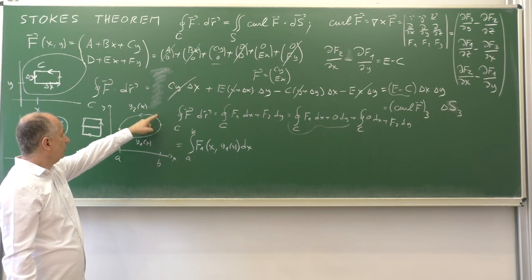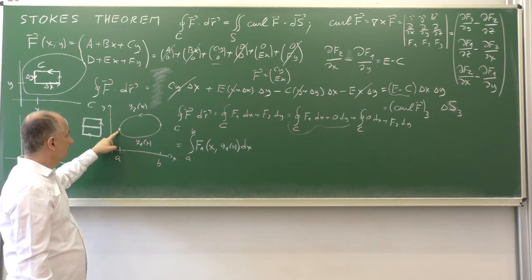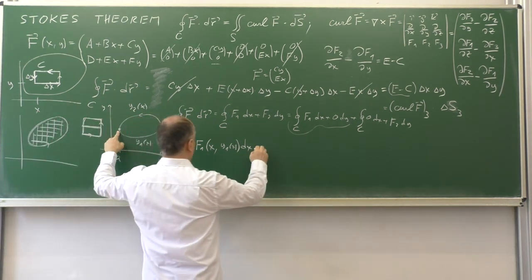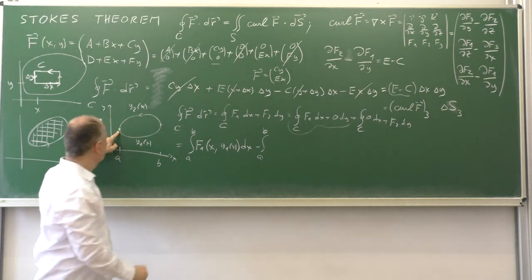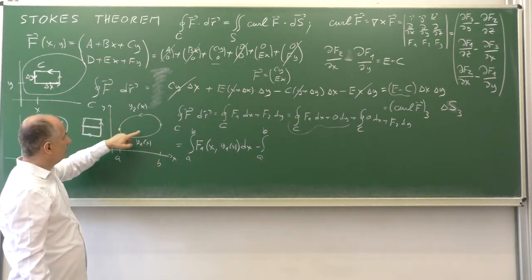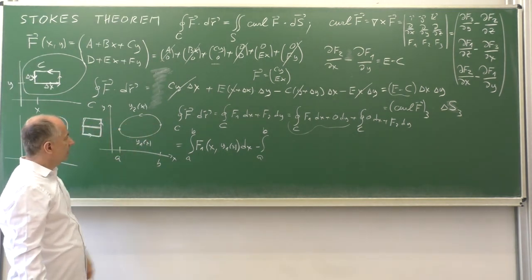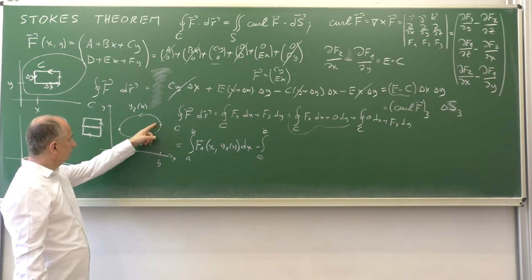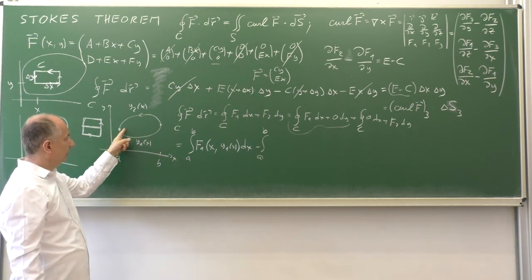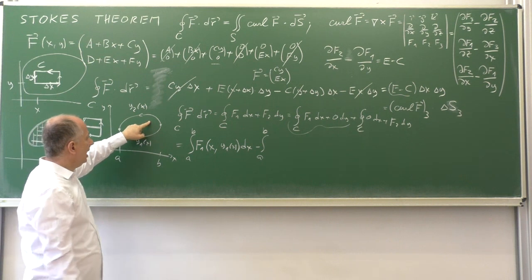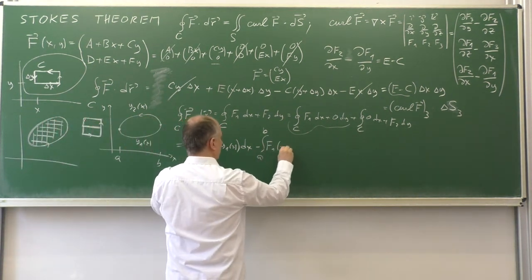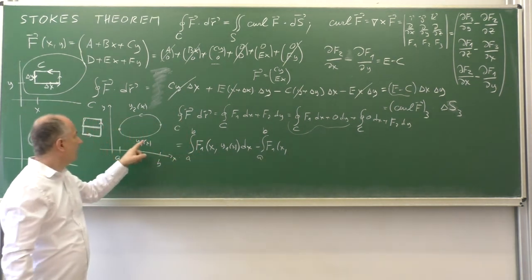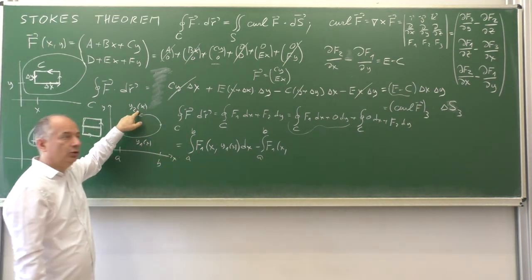And then we go from here to here. That means minus, because dx is negative if we decrease, and now f1 is evaluated at some x and at y2.